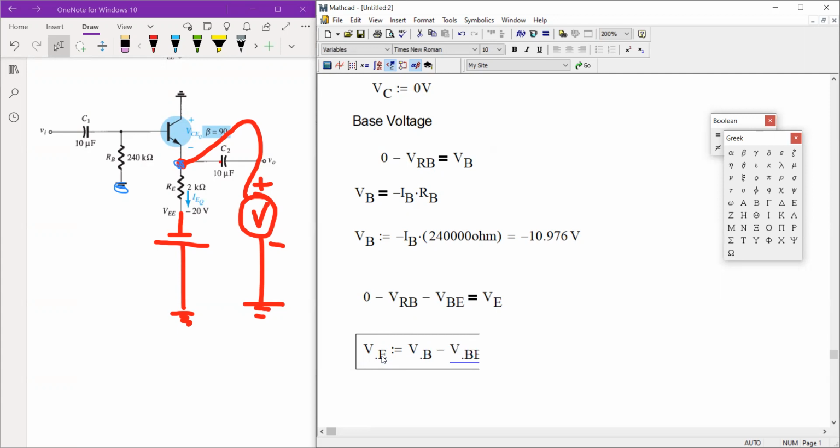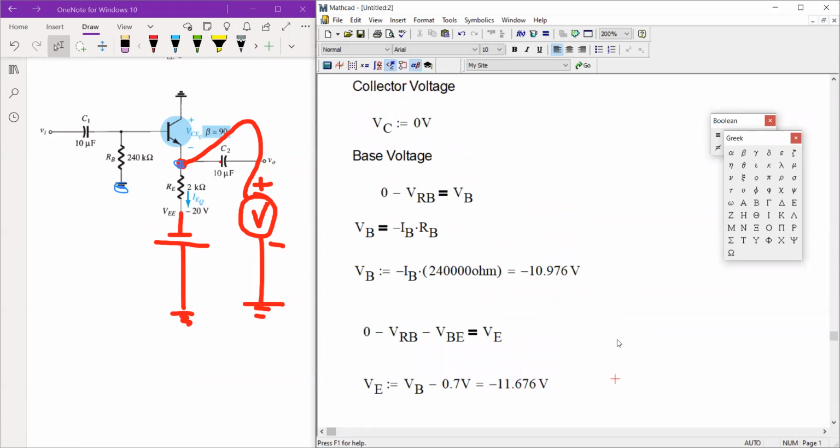We know that V sub B is negative 10.976, so we will simply subtract 0.7 volt from the existing base voltage. This will give us negative 11.676 volts. So that's your V sub E.